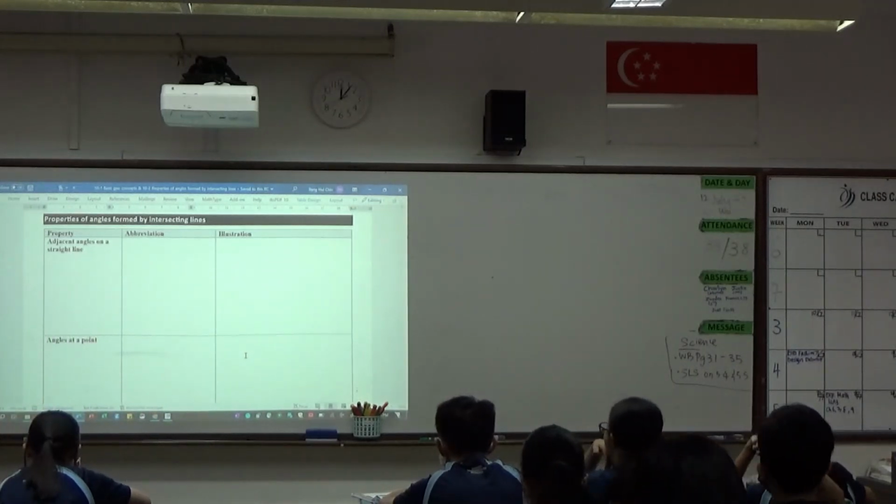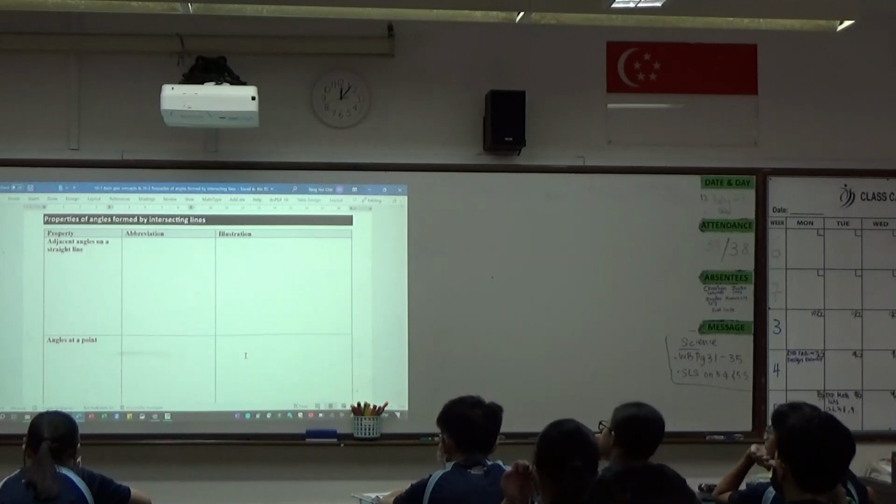The first property that we will cover is adjacent angles on a straight line. What is adjacent angles on a straight line?